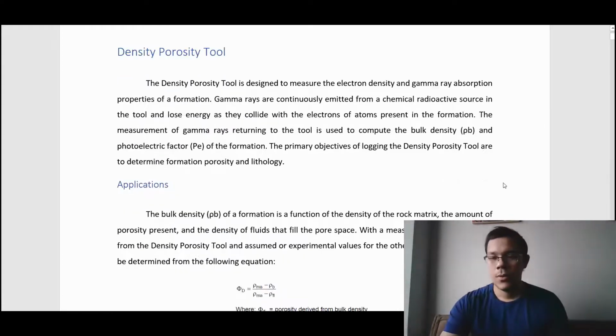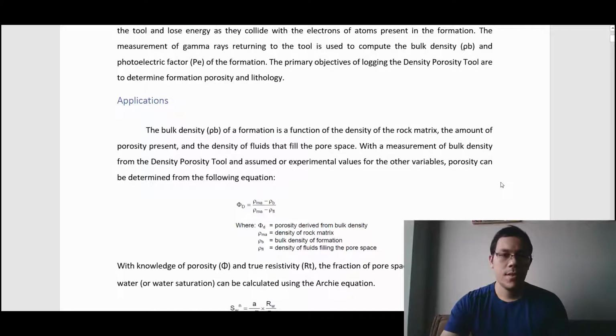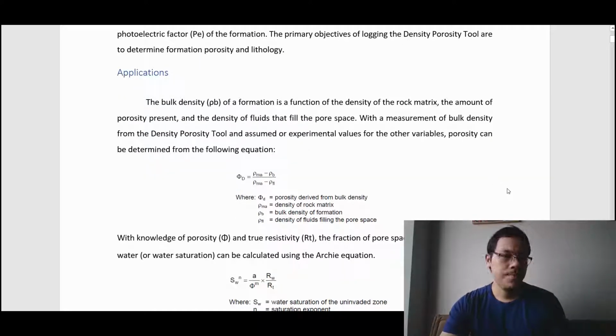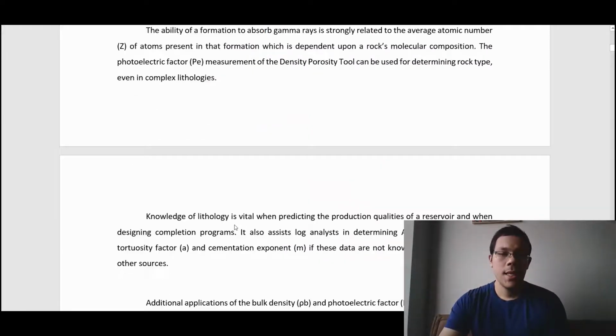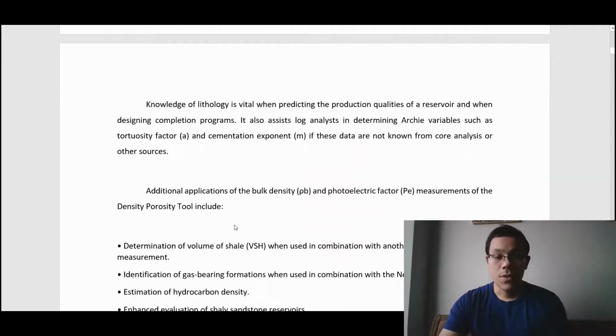So we will see the details in a few minutes. One more time, the reason for running a density porosity tool is to have an idea or a value of porosity that we will use to solve our Archie equation and get water saturation, and after that getting hydrocarbon saturations.